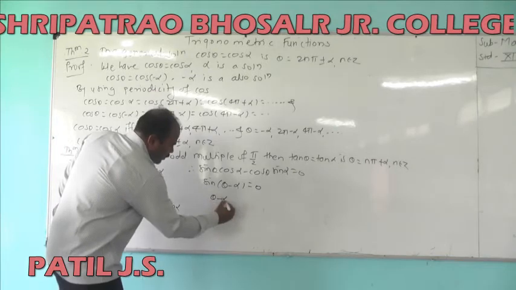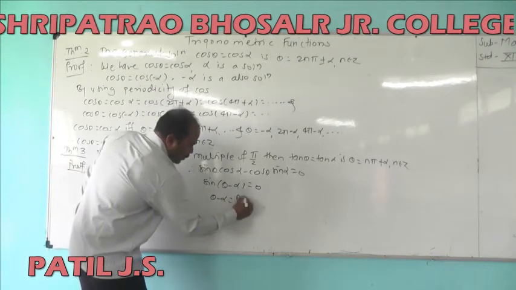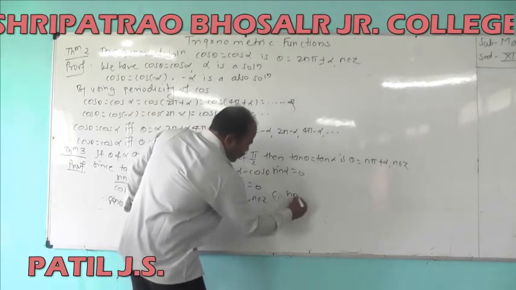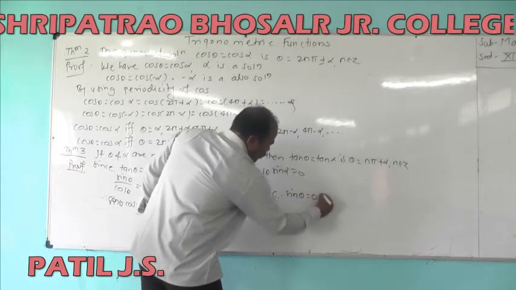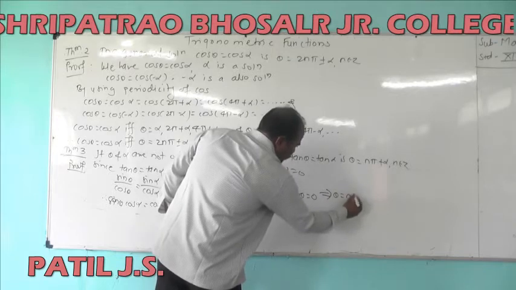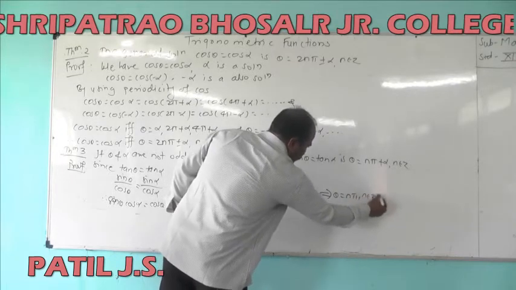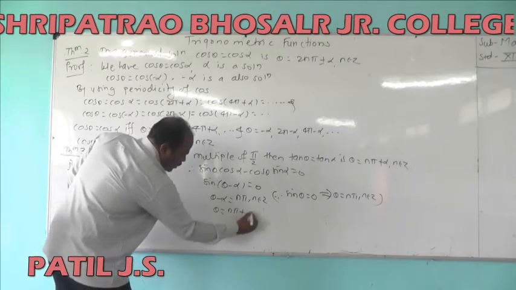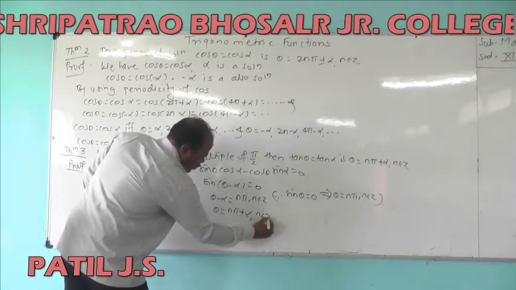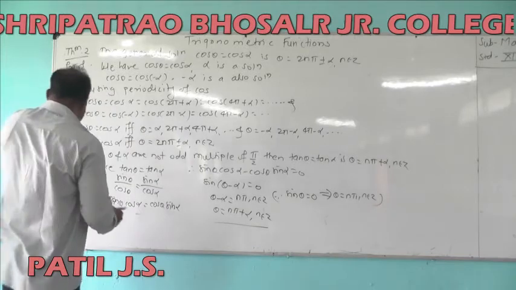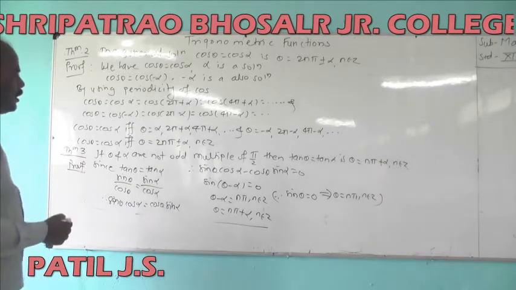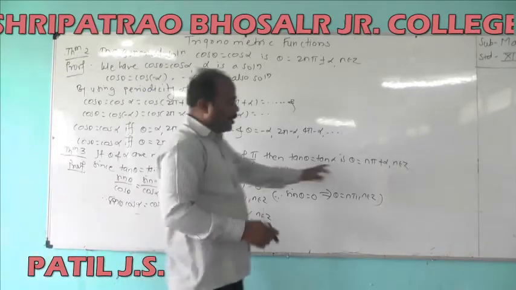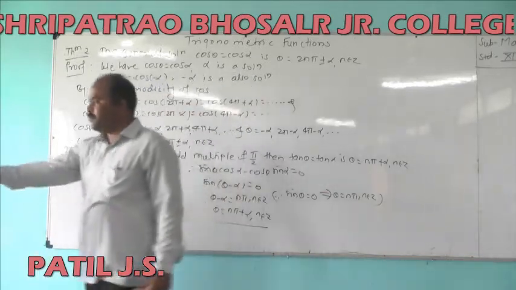Therefore theta minus alpha is equal to n pi, n belongs to Z, since sin theta is equal to 0 implies theta is equal to n pi, n belongs to Z. Therefore theta is equal to n pi plus alpha, n belongs to Z. Hence tan theta is equal to tan alpha if theta is equal to n pi plus alpha.